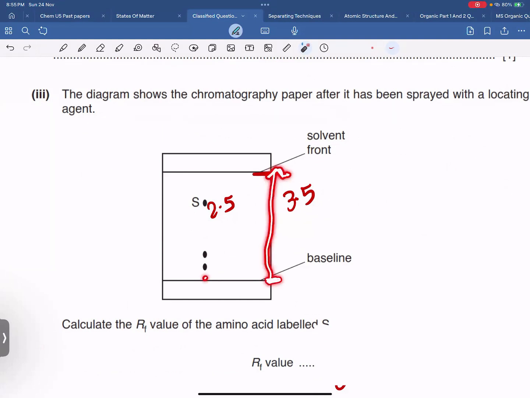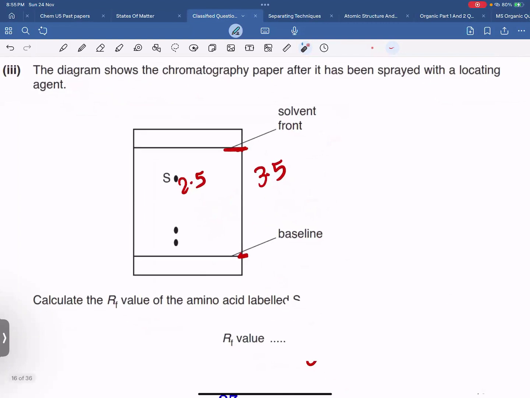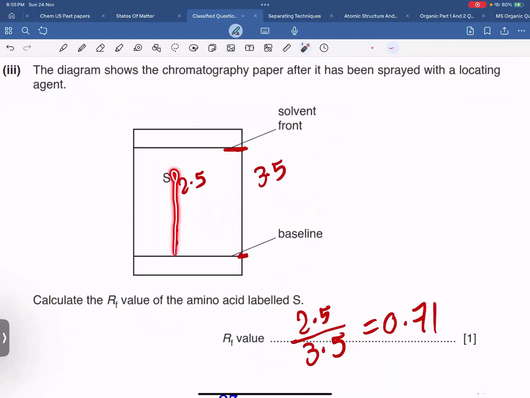And the distance traveled by spot S, for example, is measured from the baseline to S using a ruler. So this is 3.5 centimeters, and this is 2.5 centimeters. To calculate RF: distance traveled by the spot from the baseline to the spot, divided by the distance traveled by the solvent, from the baseline to the solvent front. Remember that.